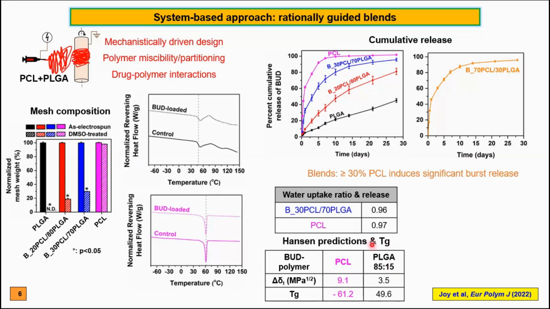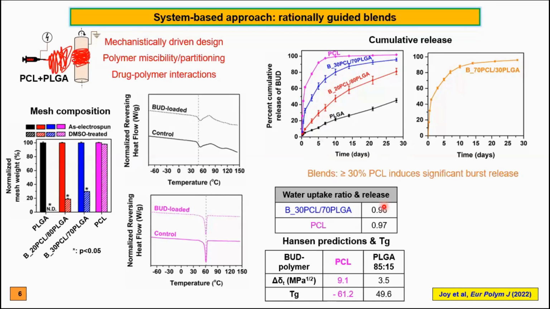That also meant that we were able to look at water uptake ratios for these meshes, and we were able to show that there was a strong correlation, these are the Pearson correlation coefficients, between the water uptake ratio for these blends, 30-70 blend, and the release rate.